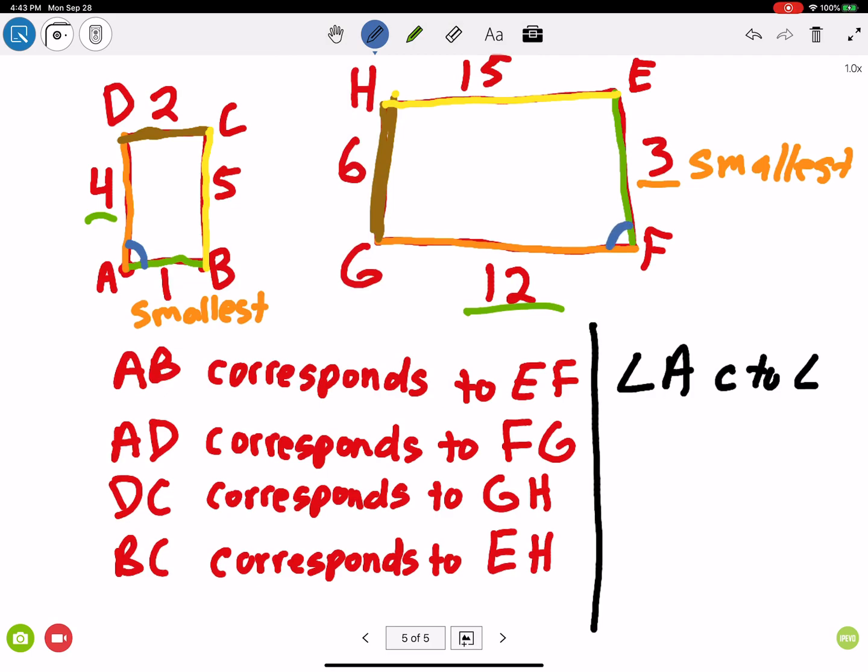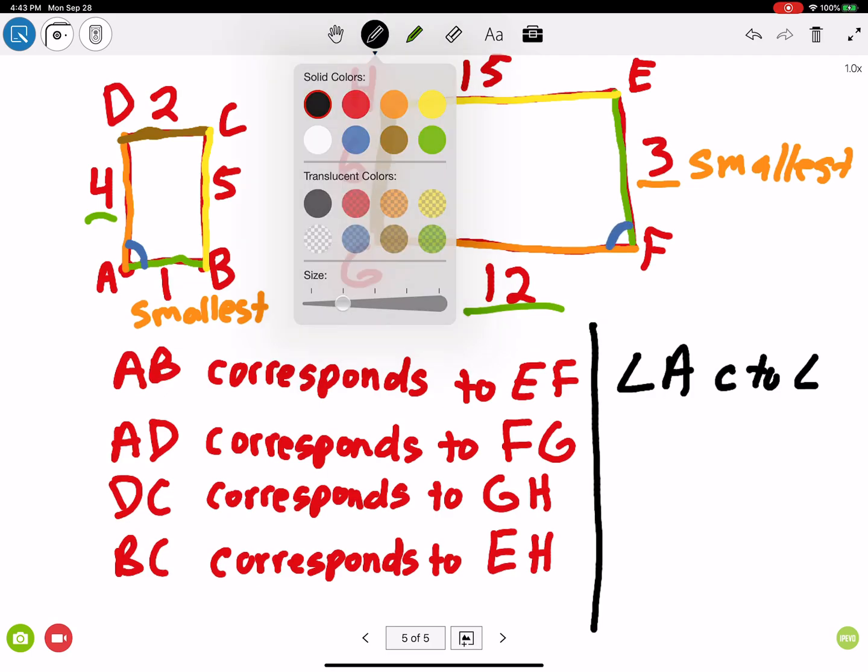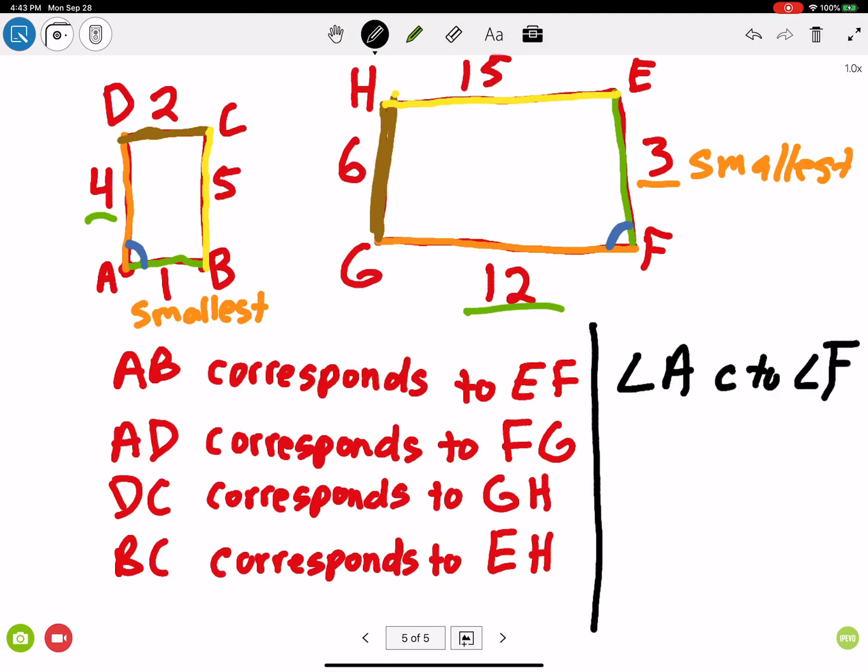Good. Angle F. Because it is also between the smallest and the second largest.